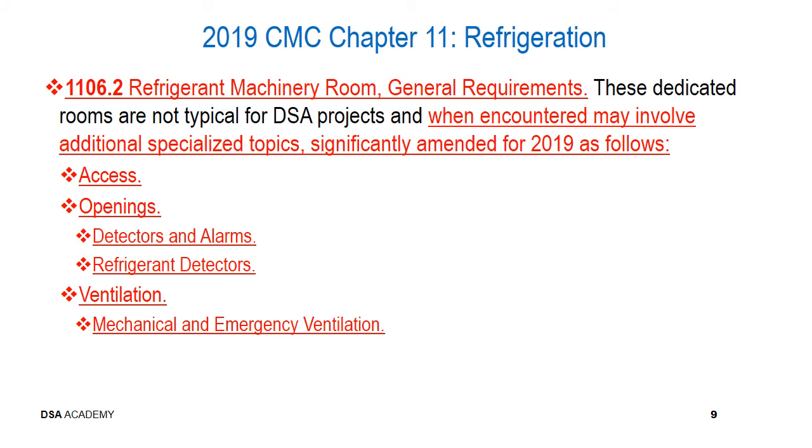These dedicated rooms are not typical for DSA projects, and when encountered may involve additional specialized topics significantly amended for the 2019 as follows. There's requirements that address access, openings, detectors and alarm, refrigerant detectors, ventilation, mechanical and emergency ventilation.